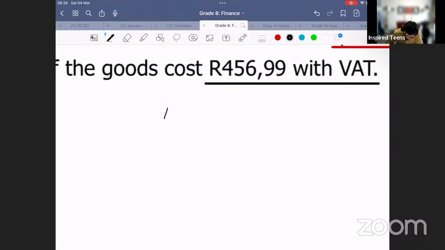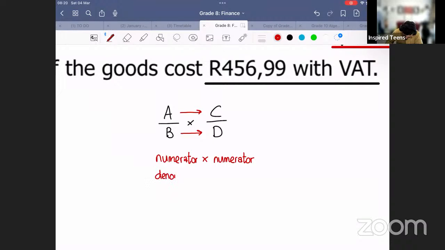But when we multiply fractions, I have A over B times C over D. You always multiply fractions in a straight line, meaning numerator times numerator and denominator by denominator.